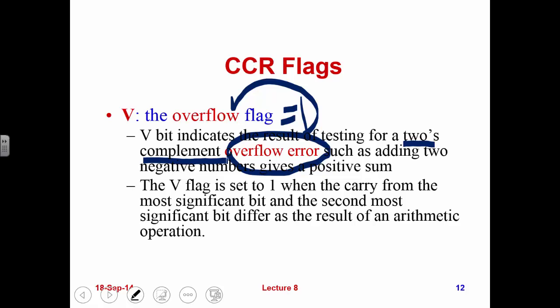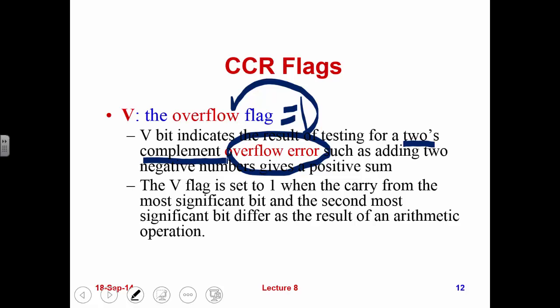Assume both numbers have leftmost bit 0. Now when you add them, they are both positive because they both have leftmost bit 0.